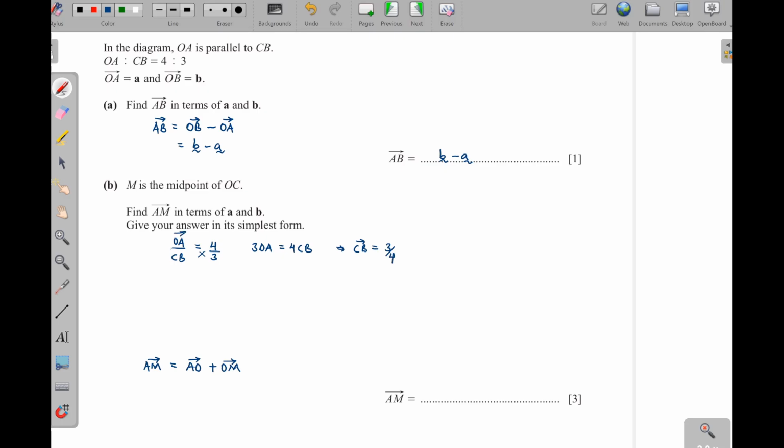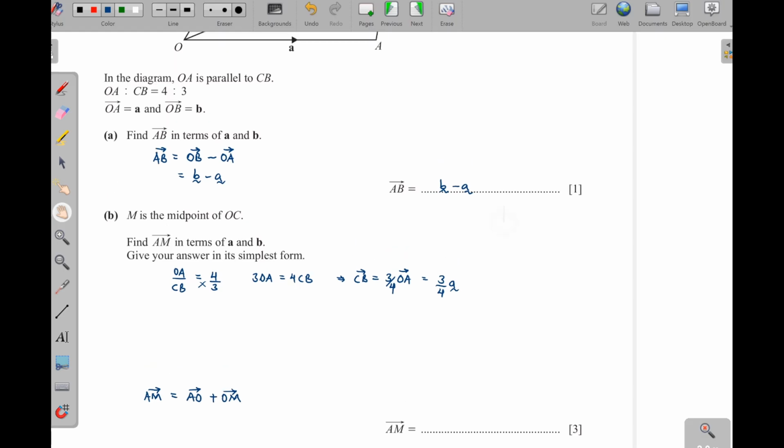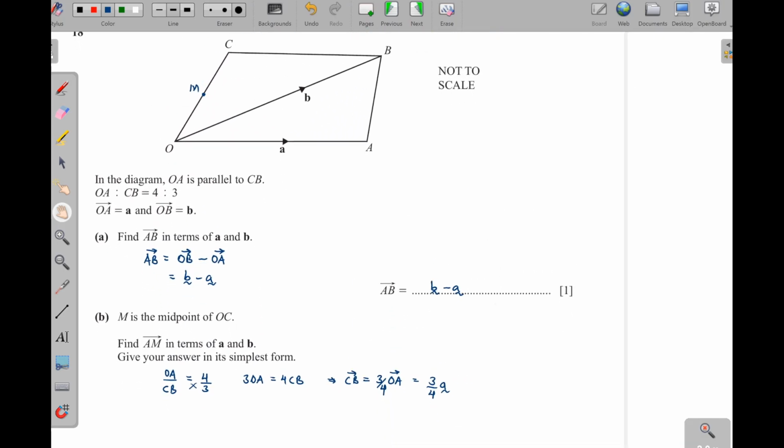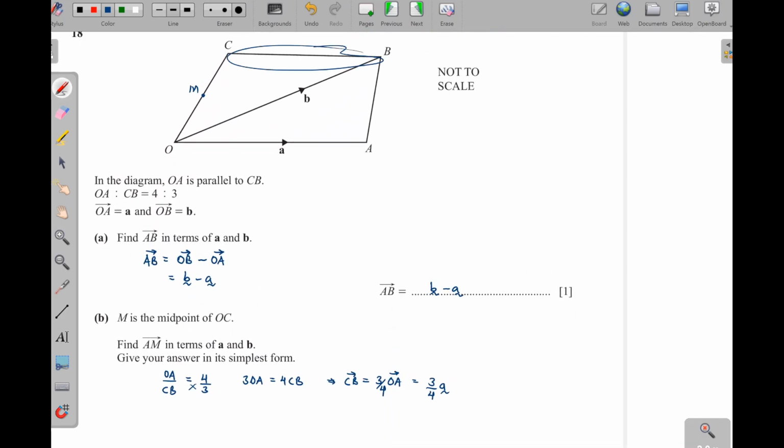You can put on vectors, you can leave them as lengths, whatever. Then 3 out of 4 of OA. So that is 3/4 of A. Okay? That is our CB. They are scalar multiples. Okay? For parallel vectors, they are said to be parallel if they are scalar multiples of each other.